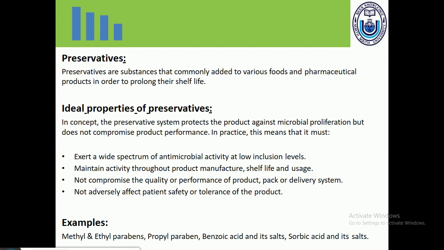Another one is preservative. Preservatives are substances commonly added to various foods and pharmaceutical products in order to prolong the shelf life of the product. There are some ideal properties of preservatives, which explain why we use preservatives in various products: to protect the product against microbial spoilage or proliferation, but not compromise the product performance.